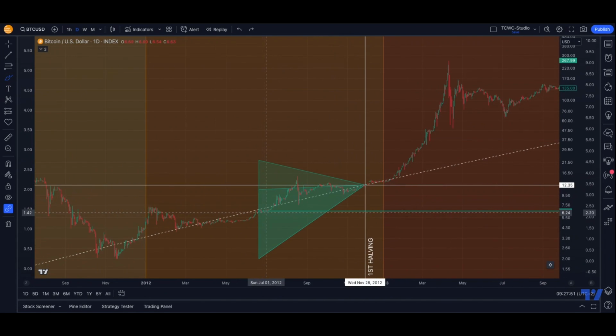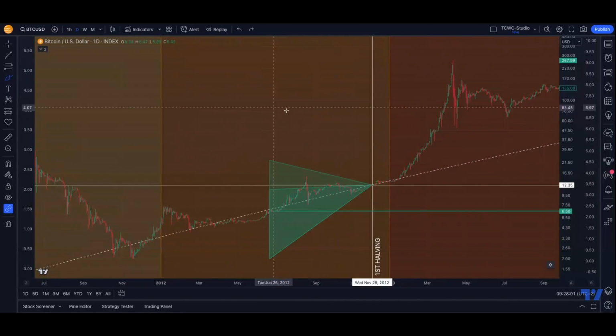We don't like to get too much into external economic factors on this channel, but it was pretty obvious that since we're looking at BTC versus USD, you have to look at some of those external economic factors affecting the US dollar as well.